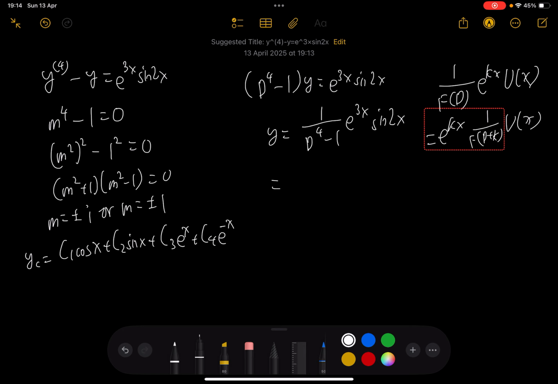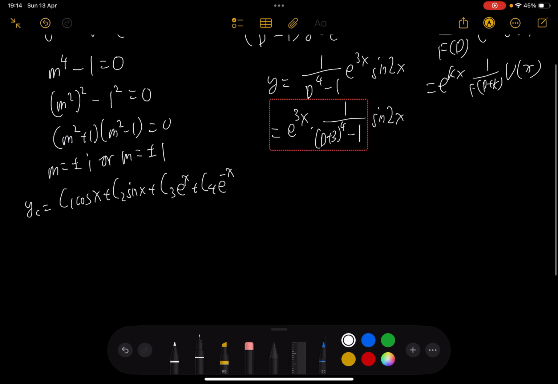So let's do this. First, we are going to take out the e to the power of 3x in front, and then we are going to replace this D with D plus 3. So this is (D plus 3) to the power of 4 minus 1, and then times sine 2x like that. And then we are going to expand this by using Pascal's triangle.